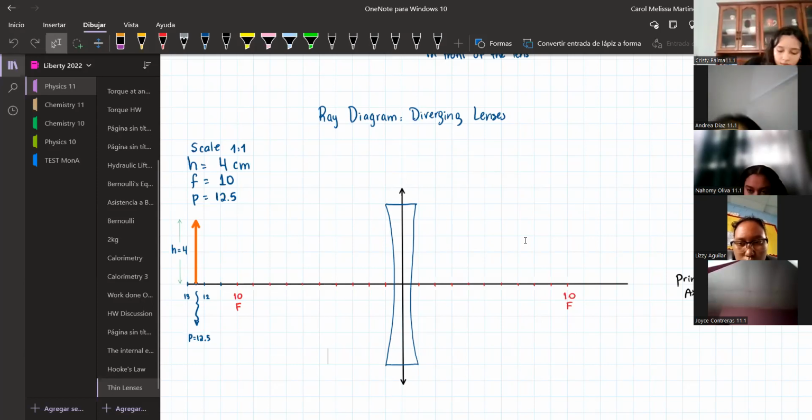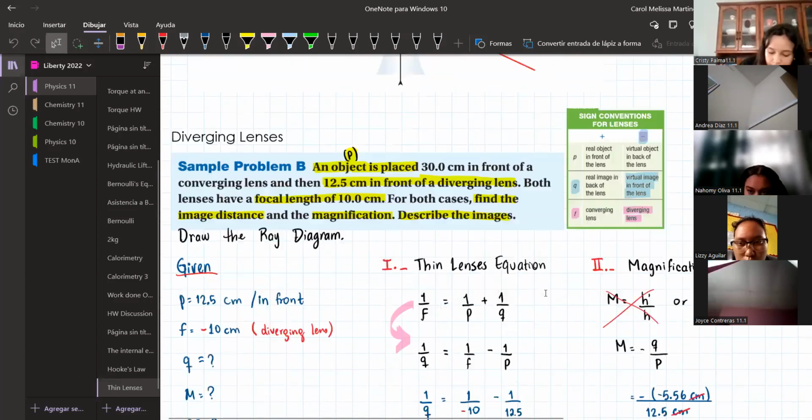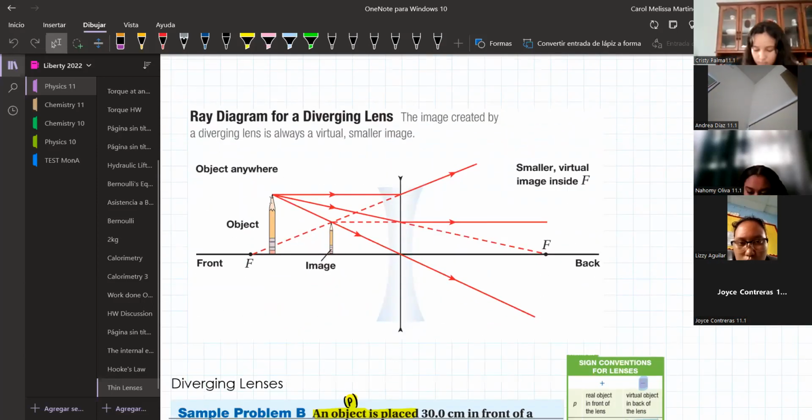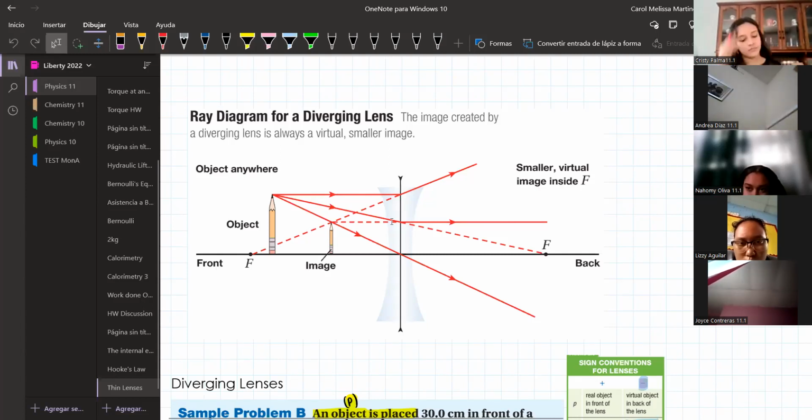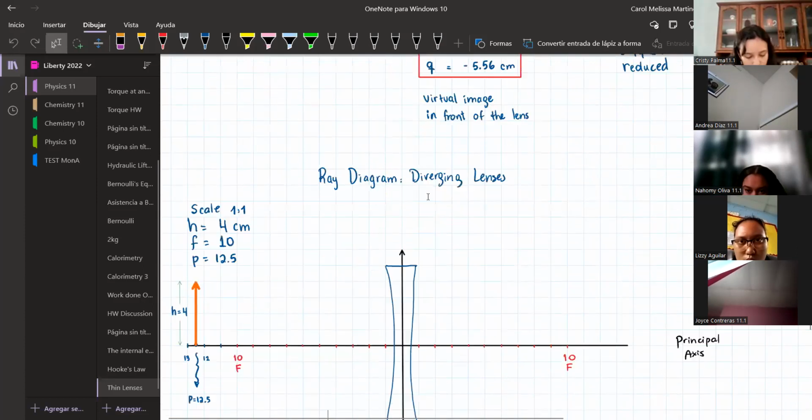So here's the thing. The first ray, remember, comes from the top of the object to the center, the vertical axis, then is projected, just projected, o sea, dash line, until you get to the focal, and then it passes through the other side of the lens as a complete ray, okay?